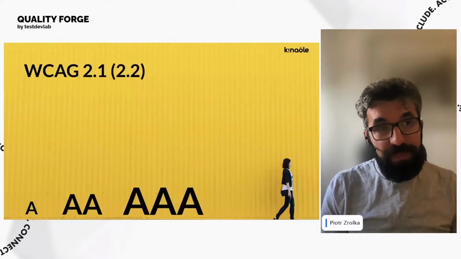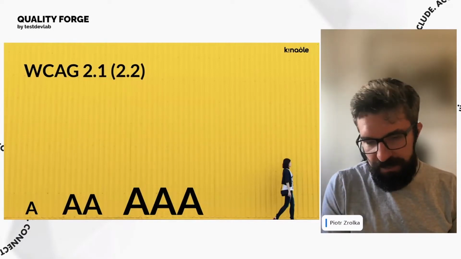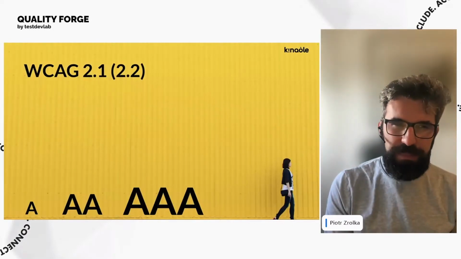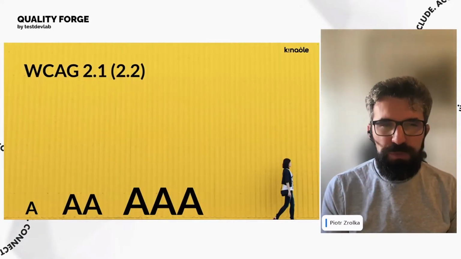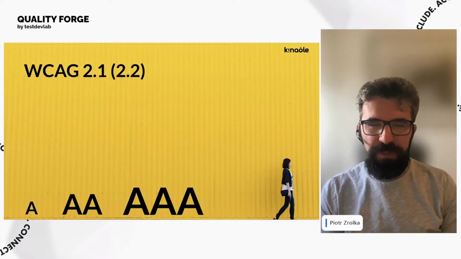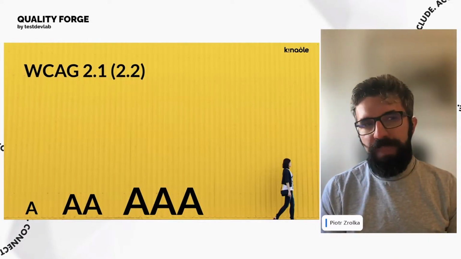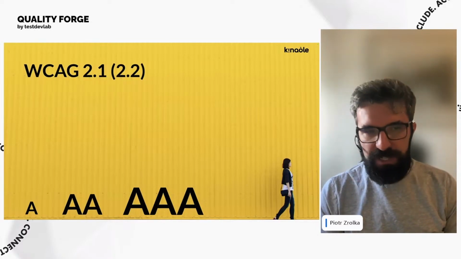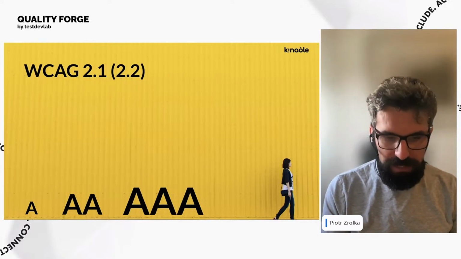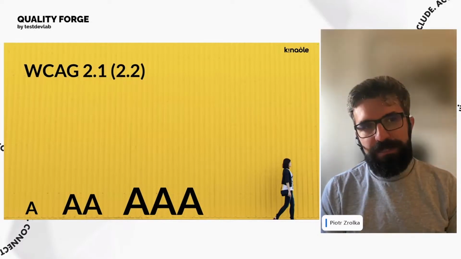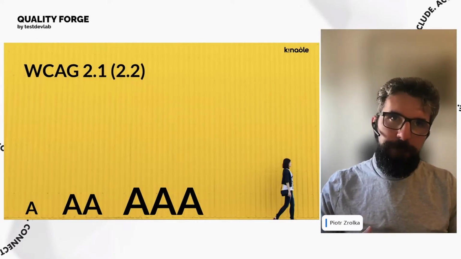Luckily, there are WCAG 2.1 and also 2.2. These are global standards that tell a story of how to build a product from an accessibility perspective. WCAG is split into 3 levels, single, double, and triple A, and gives guidelines on how to ensure that we're building the product for everyone.